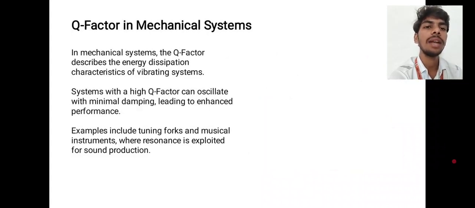Q factor in mechanical systems. In mechanical systems, the Q factor describes the energy dissipation characteristics of vibrating systems.